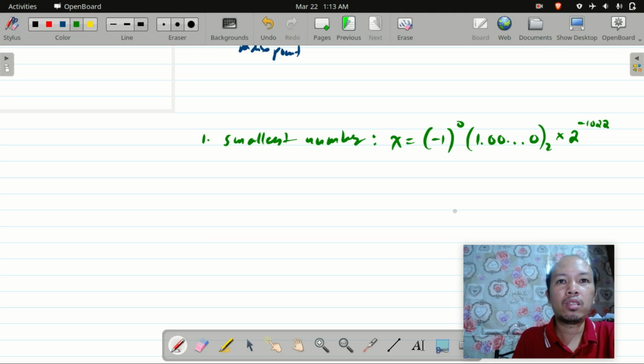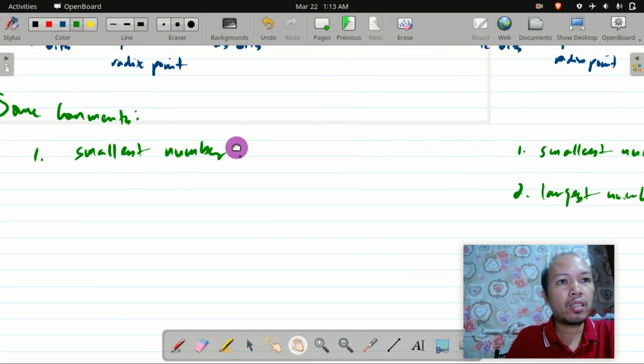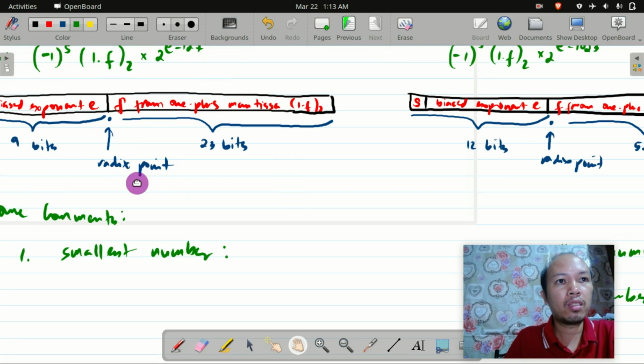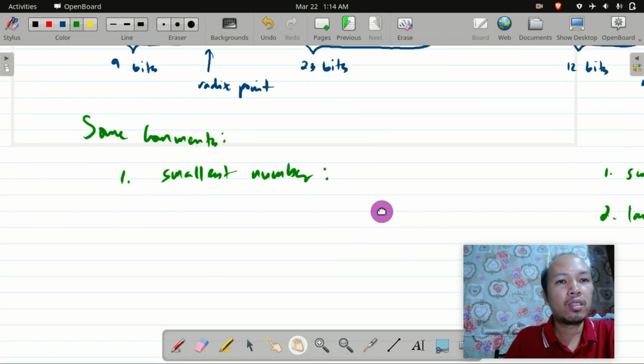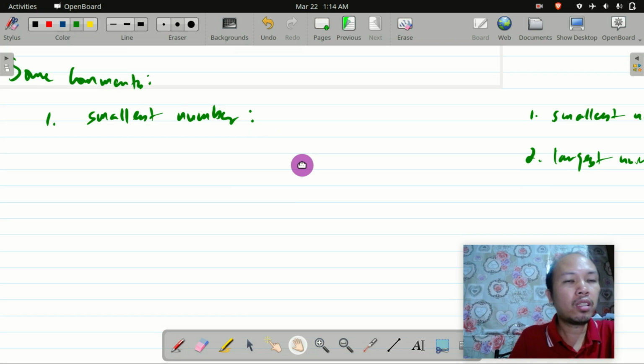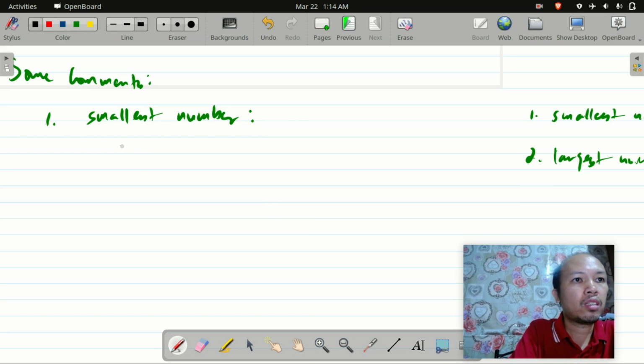Okay, and the largest number, we already discussed it. So I will ask that question: what is the smallest number in a 32-bit or single precision floating point number? Let me give you a hint first.